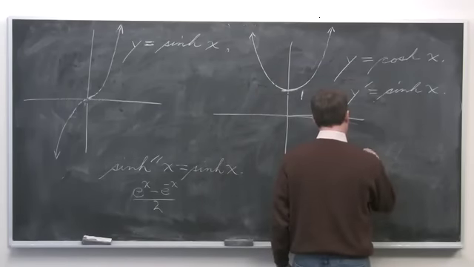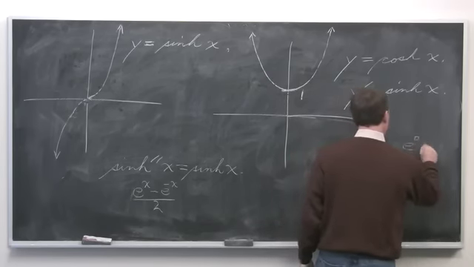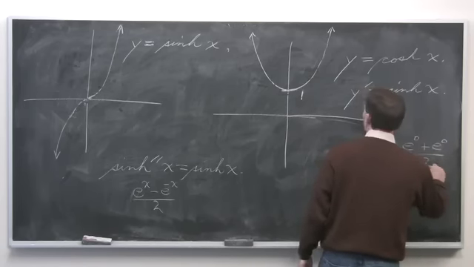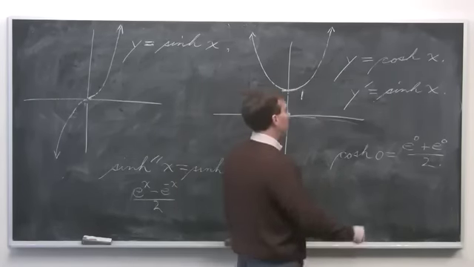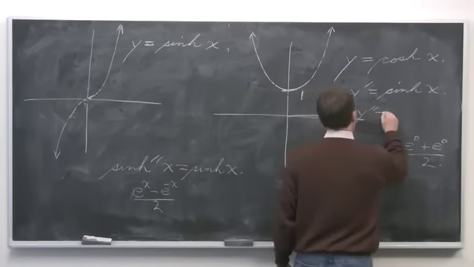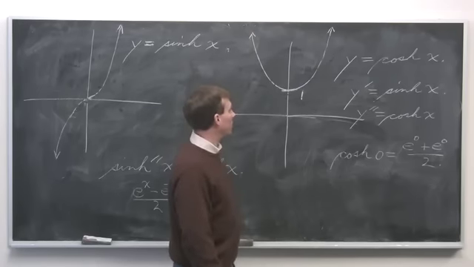And why is that at 1? Because when x is 0, we have the hyperbolic cosine of 0, which is e to the 0 plus e to the 0 over 2. And that's 1. And the second derivative of hyperbolic cosine is hyperbolic cosine again, which we now know is greater than or equal to 1, but in particular it's positive, so the graph is always concave up.